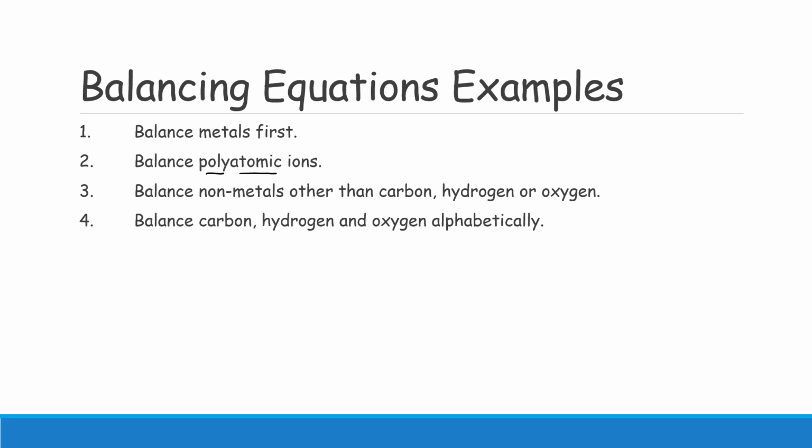For example, sulfate is a polyatomic ion, as is carbonates. So balance those next if they haven't been broken up. It's easier to keep them as a group. The third step is balance non-metals other than carbon, hydrogen, oxygen. And the fourth step is balancing carbon, hydrogen, oxygen alphabetically.